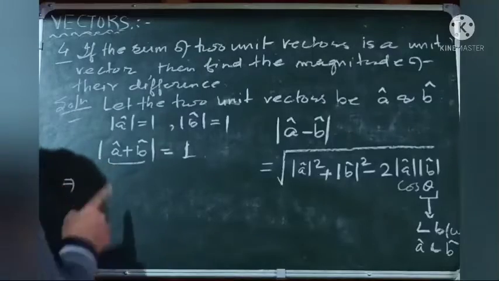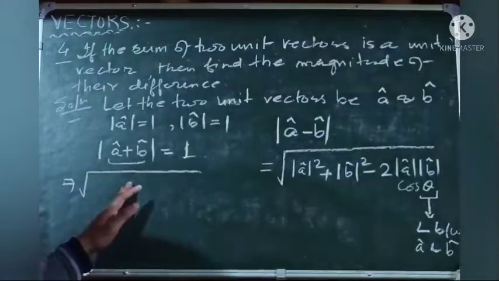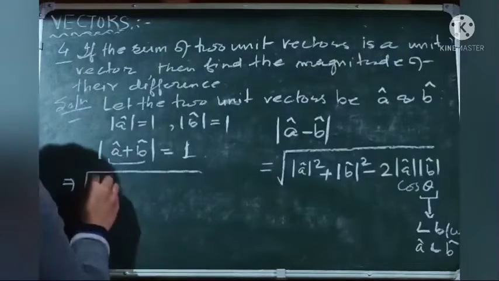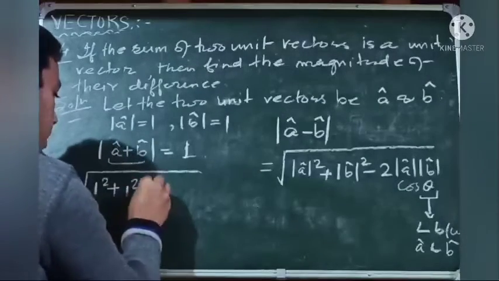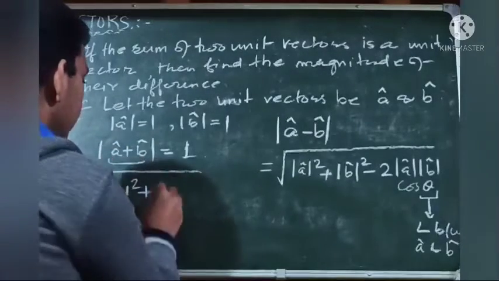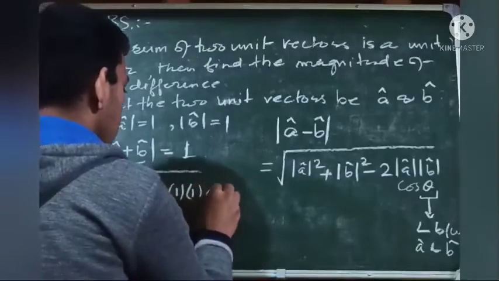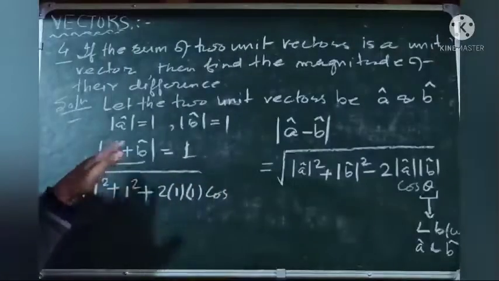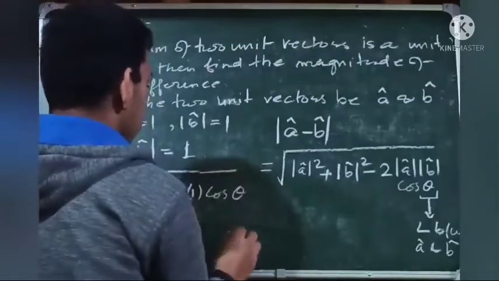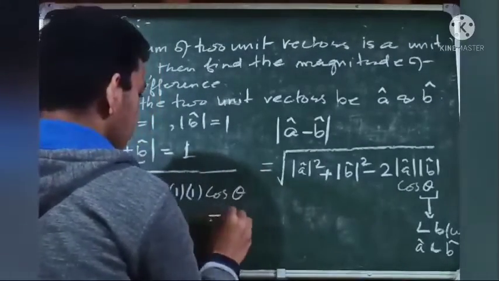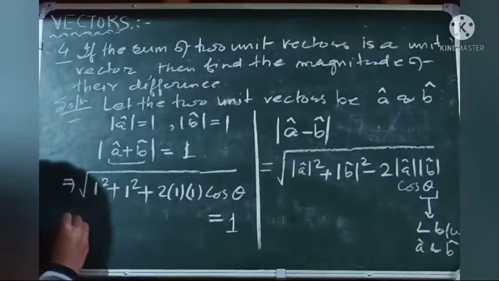Now, here we can write square root of, we know the direct formula, magnitude of a cap square, which is 1 square, plus magnitude of b cap square, which is also 1 square, plus 2 times magnitude of a cap, which is 1, magnitude of b cap, which is 1, cos of the angle between these two vectors a cap and b cap, which we have already assumed to be theta. So this is equal to 1. Let's solve this.